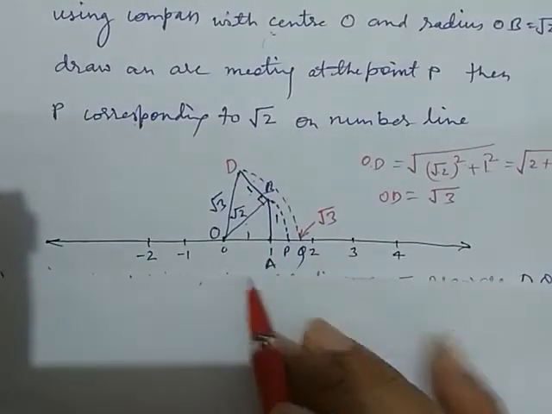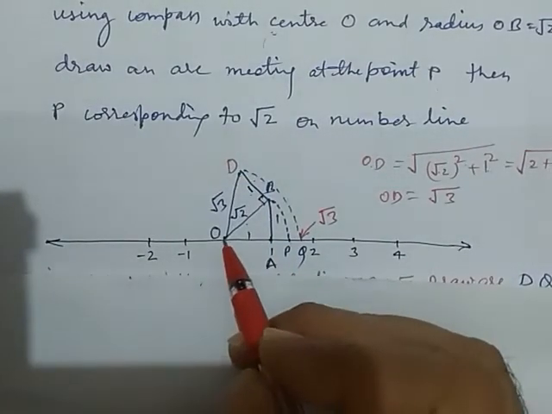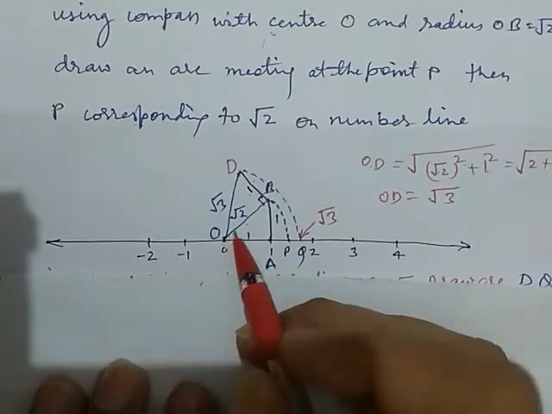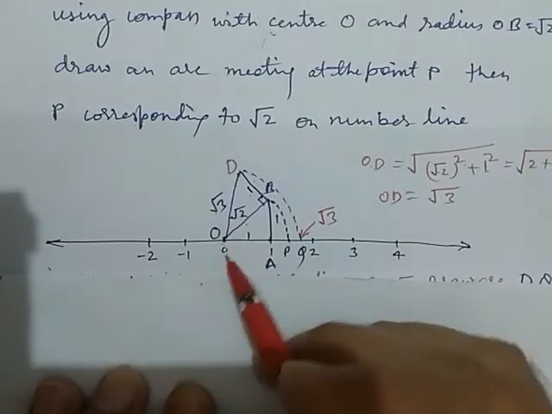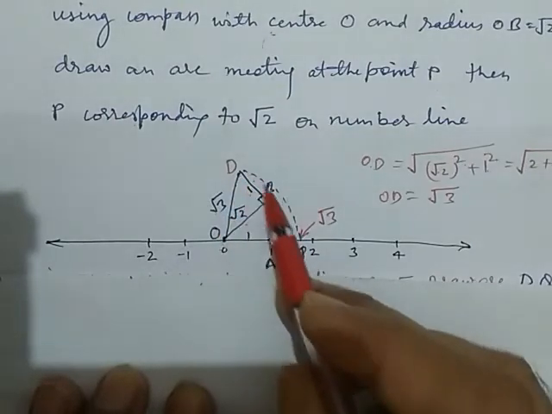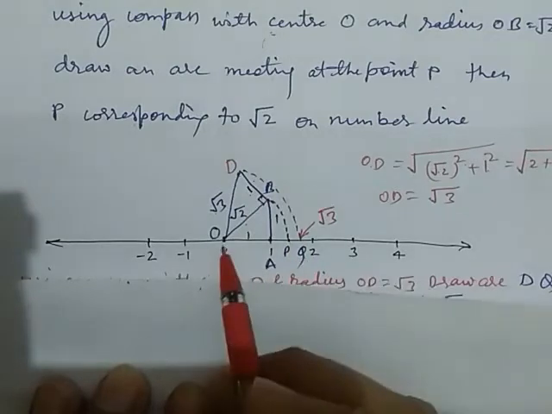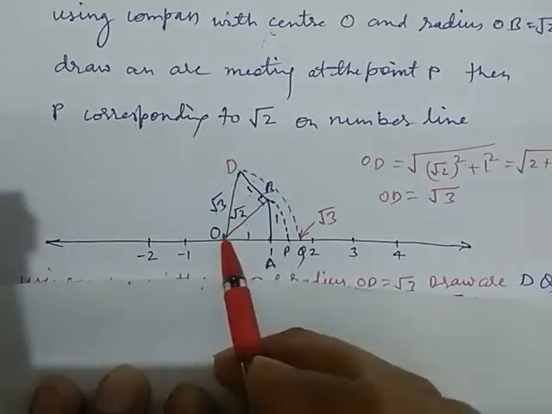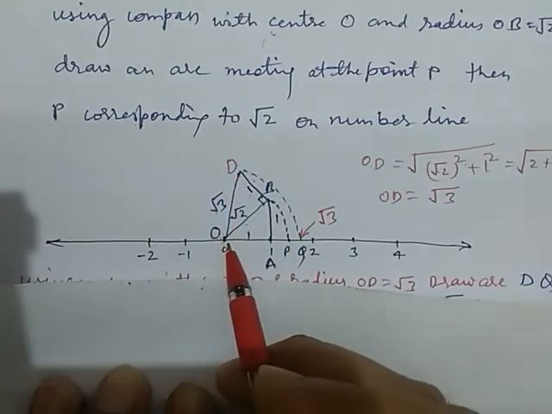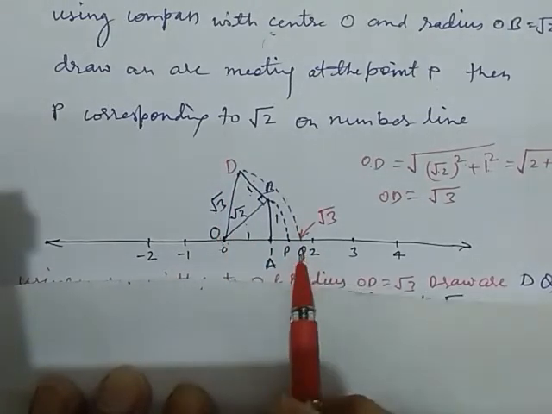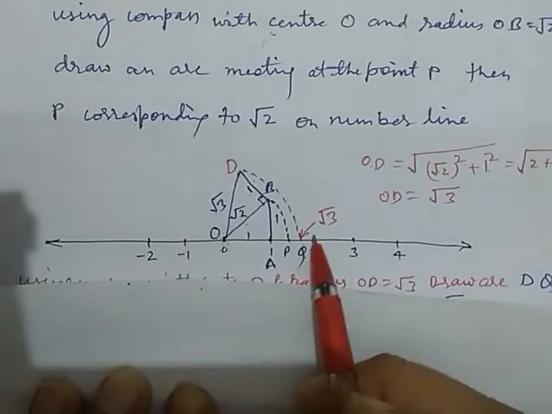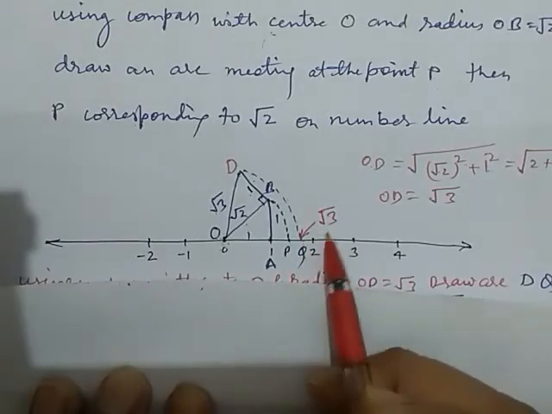Now what do we have to do? Consider O as center and take a radius OD that is equal to root 3 and draw an arc which is meeting at Q. Here OD is the radius, O is the center, and we draw an arc which is meeting here at Q. So this Q is root 3.